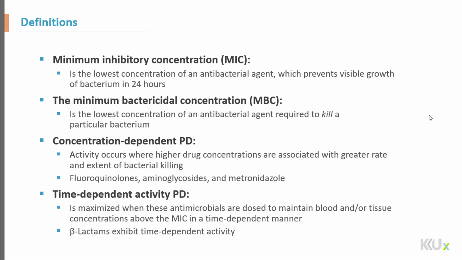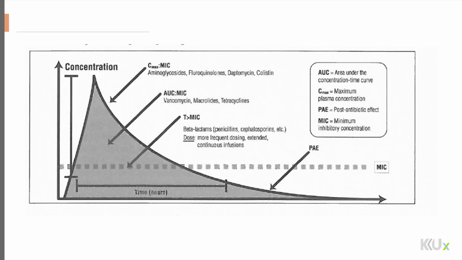Examples of concentration dependent are fluoroquinolones, aminoglycosides, and metronidazole. Time dependent, on the other hand, is maximized when these antimicrobials are dosed to maintain blood and or tissue concentration above the MIC in a time-dependent manner, and beta-lactams exhibit time-dependent activity. I'm gonna explain this more in the upcoming slides.